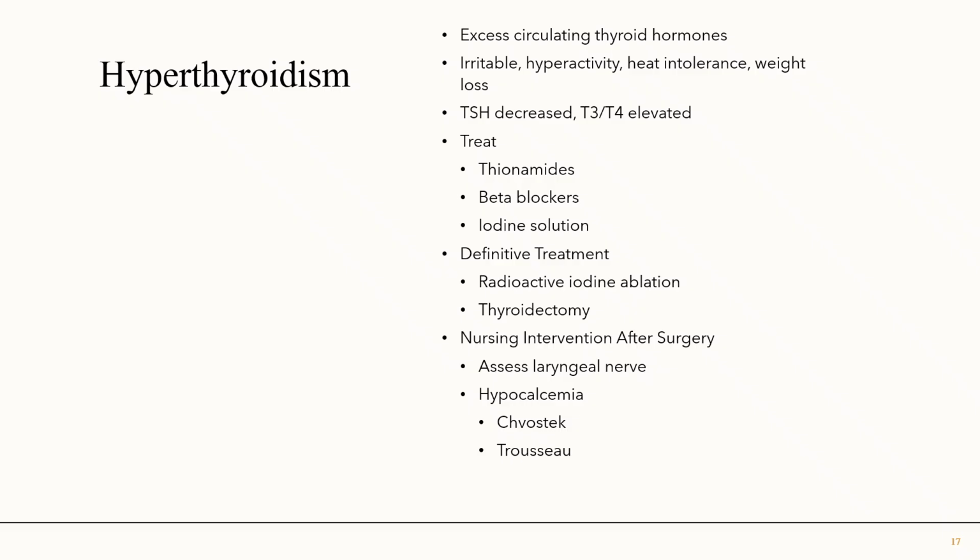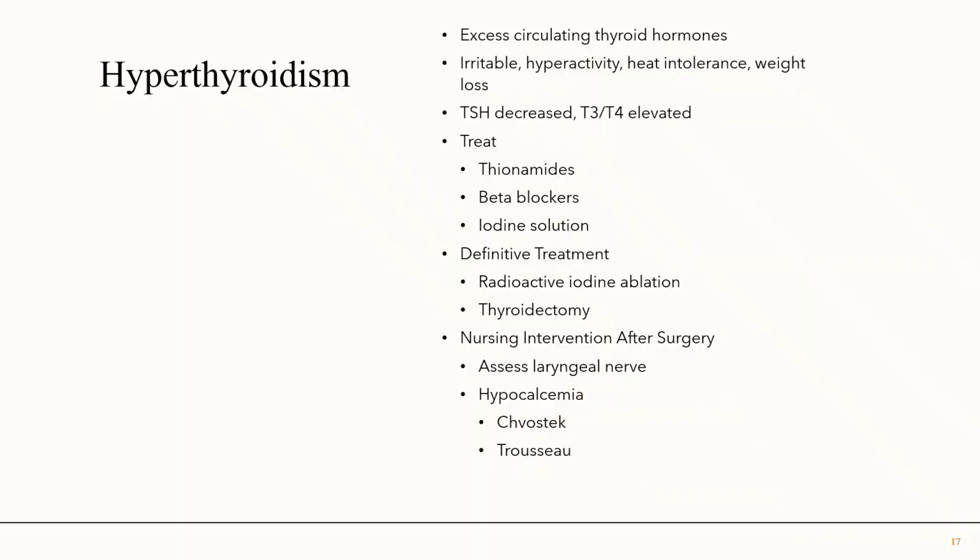Beta blockers like propranolol, atenolol, and metoprolol treat symptomatic effects like tachycardia and palpitations. Iodine solutions like Lugol's inhibit release of thyroid hormone for short-term treatment use before therapeutic procedures.